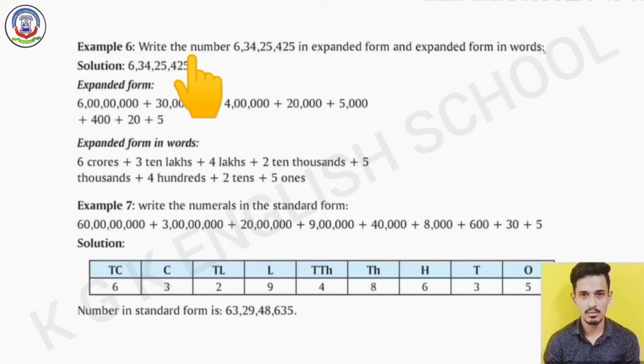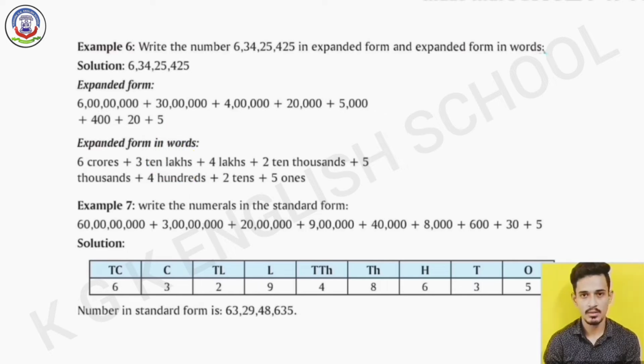Write the number 6 crore 34 lakh 25,425 in expanded form and expanded form in words. So we can see, to start there is 6 crore plus 30 lakhs plus 4 lakh plus 20,000 plus 5,000 plus 400 plus 20 plus 5.